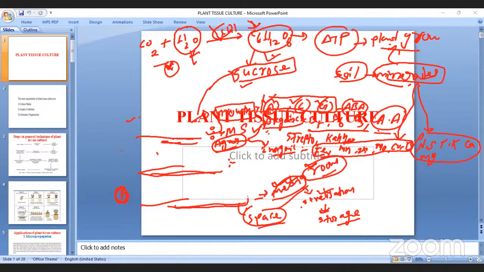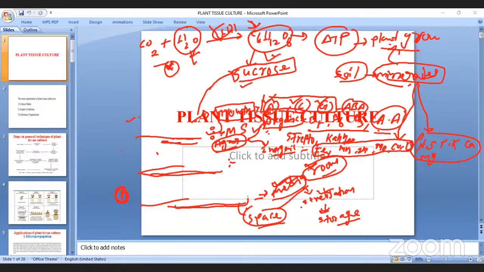Sterilization means the complete removal or killing of microbes. The most common contaminants in cultures are fungi and bacteria. Mostly the culture media gets infected with bacteria and fungi, especially fungi like Rhizopus and Mucor.